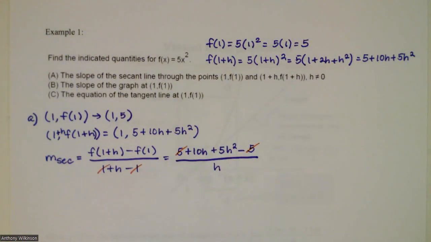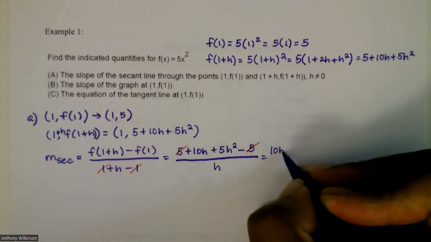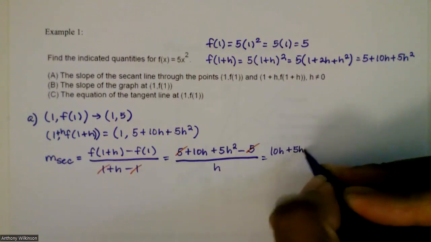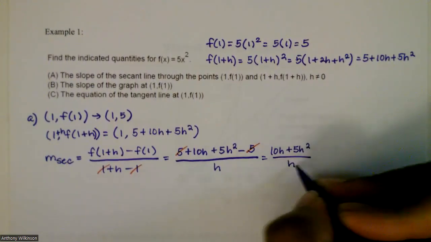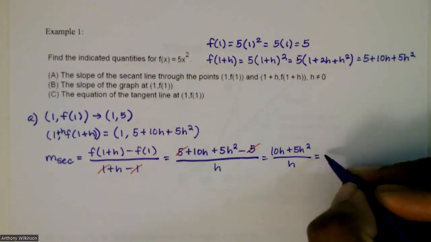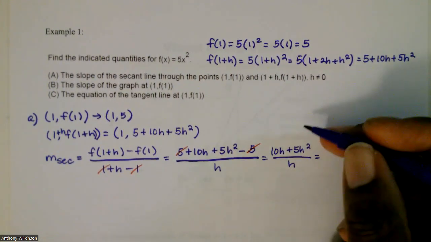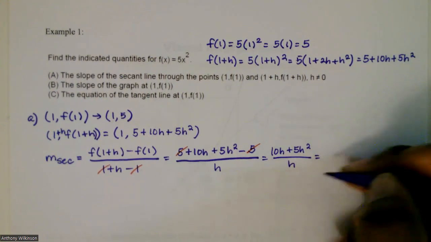So I'm left with just expressions that are in terms of h. So this would be 10h plus 5h squared divided by h. Now the numerator, the only thing we'll factor out is just the h. Even though 10 and 5 have a common factor of 5, I'm not going to be able to divide the 5 out in the denominator.